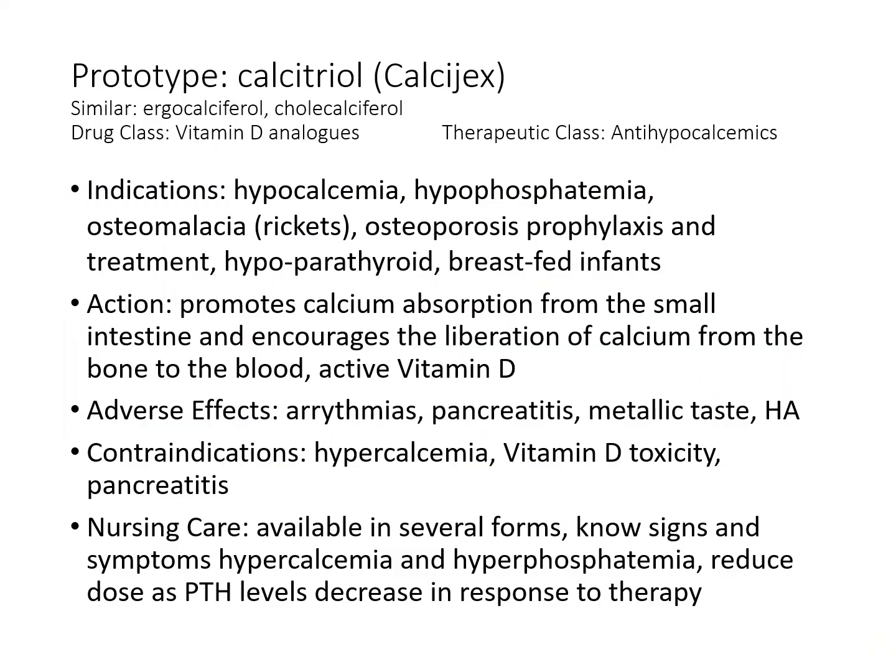Okay, so let's look at a prototype for vitamin D, calcitriol. Now remember that if you were to walk down the pharmacy aisle and look at vitamin D supplements, they're not all going to be calcitriol. So calcitriol is the active form of vitamin D. But if you have functioning kidneys, you could actually take many other inactive forms of vitamin D since they'll be activated in the kidney.